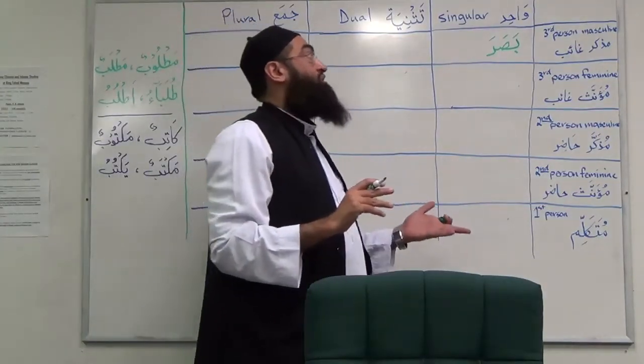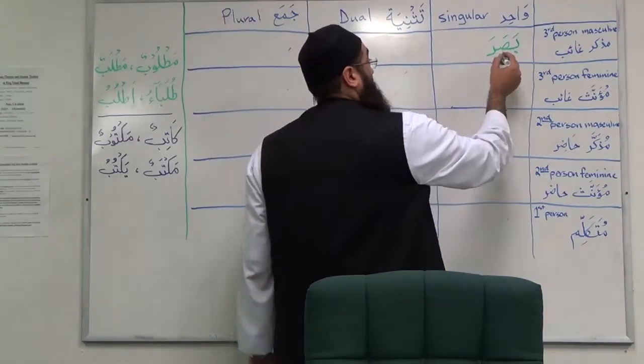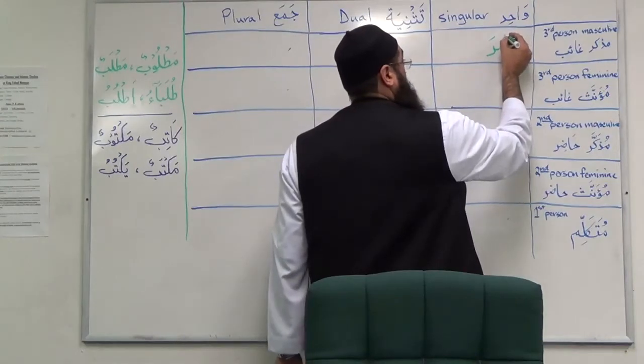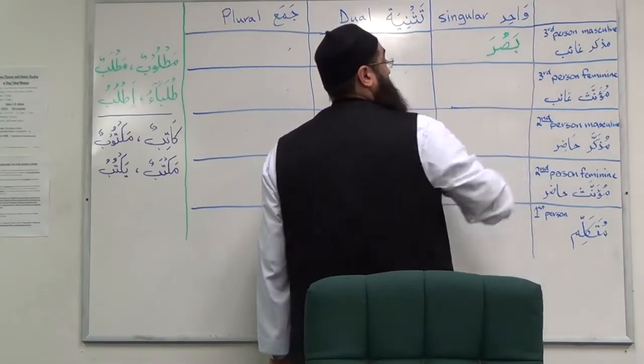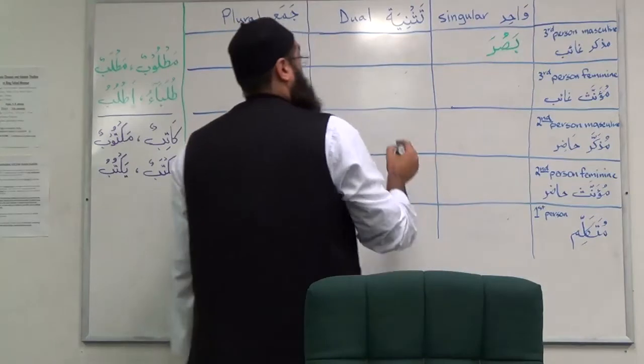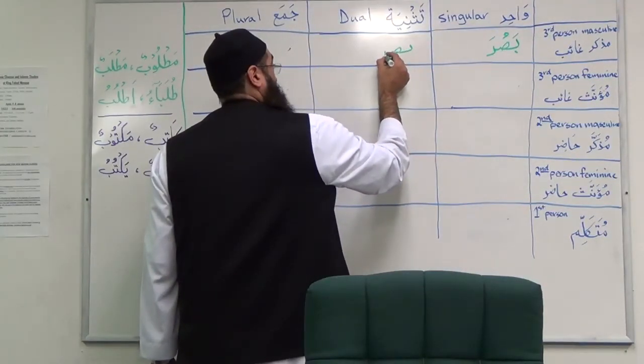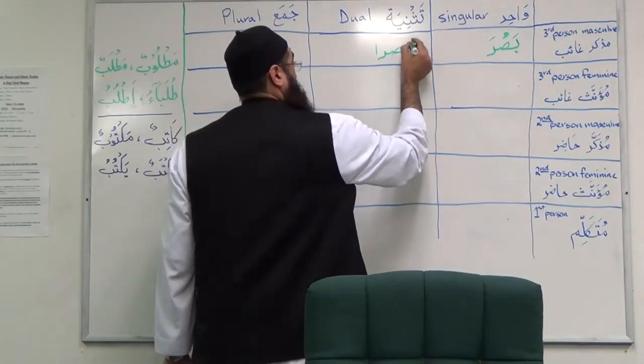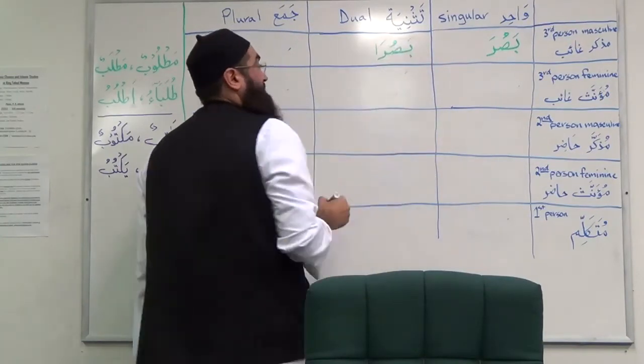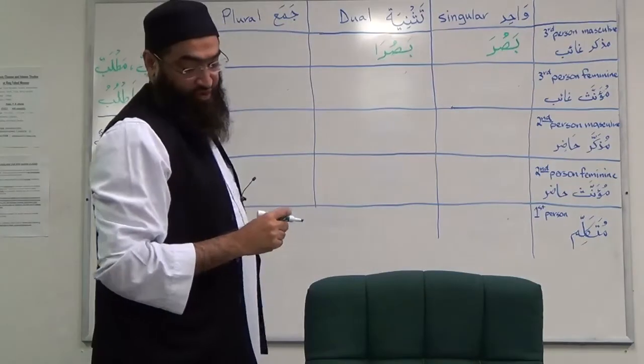But this is one of those verbs where the ain kalima does not have a fatha, but a dhamma. So it becomes basura. Those two men saw: basura.